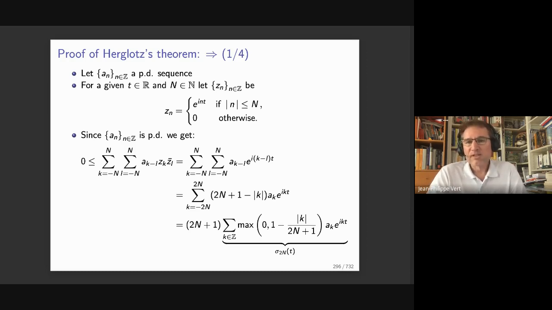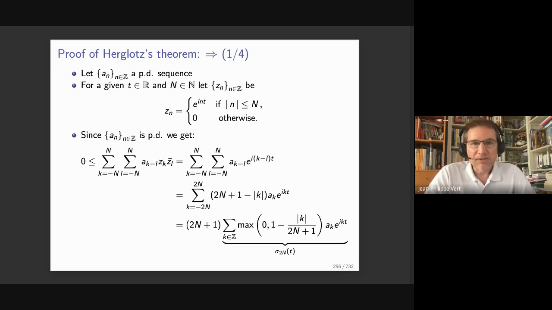So we don't have exactly that, we have the max term, which is important here. You'll see why. But up to the max term, the message of this equation is that the mu that we want, we show that it's non-negative. And this is really the important part of the Herglotz theorem, to show that this measure is non-negative.